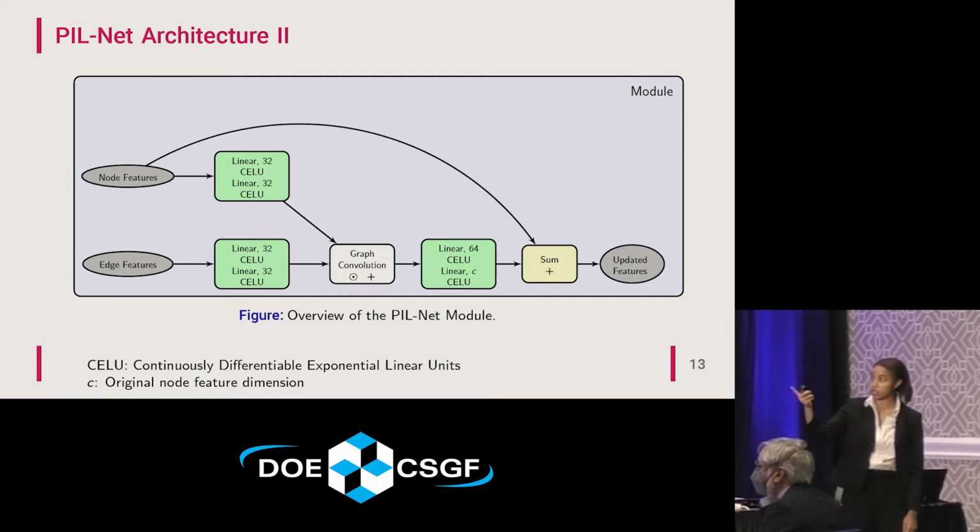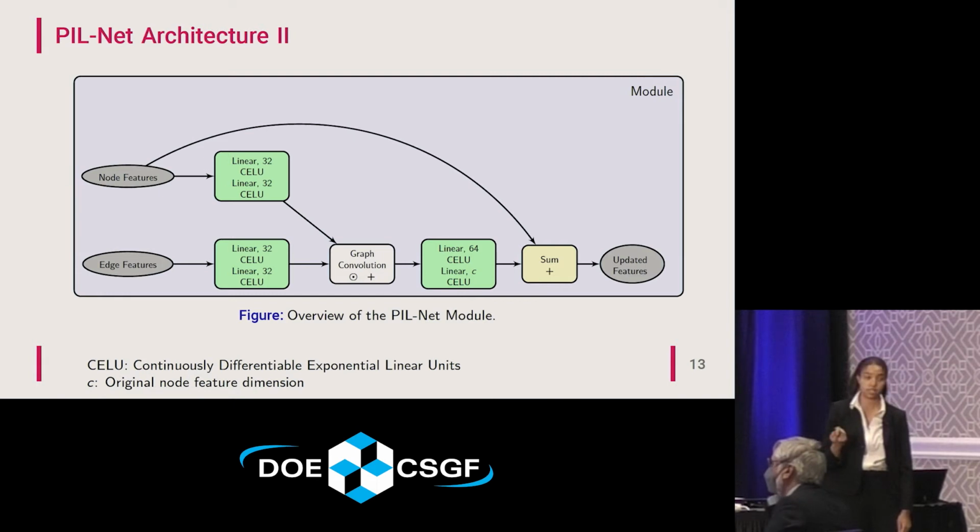Then once they're expanded, they go through this graph convolution function where essentially you take the node features and form a Hadamard product with all their incident edges. Then for the next green portion, you get the output of this combined node-edge representation. You undergo two more steps, an expansion and compression of these features, and you compress it to C, which is the original node feature dimension.